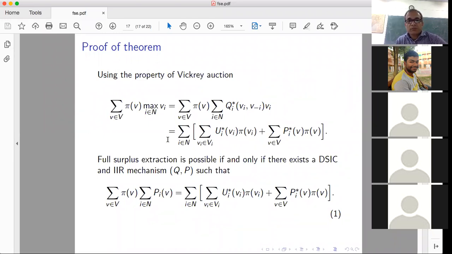So that's what I'm doing here. Remember, max of v_i is exactly the sum over i in N of q*_i(v) v_i, because in the Vickrey auction, I always allocate to the agent who has the highest value. So this would always be equal to max of v_i, right? So this equation you understand.